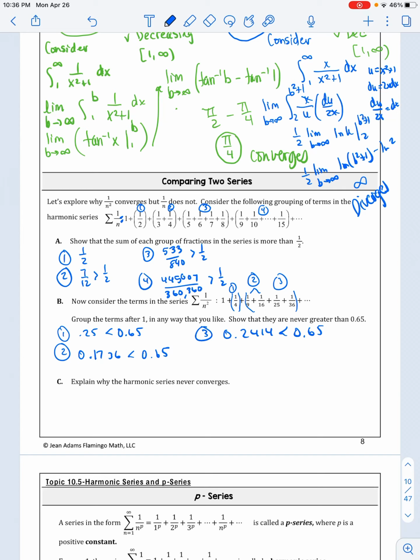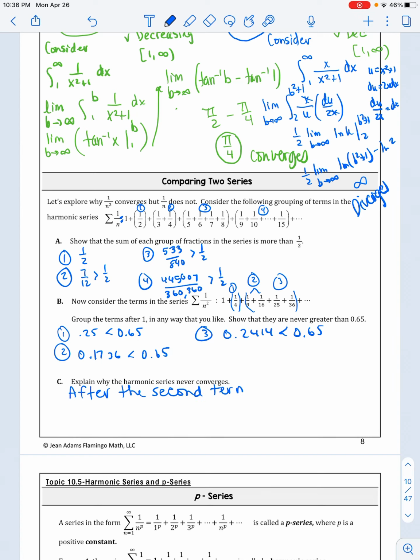But for the 1 over n squared, those values are staying very small. And they're going to get even smaller as you keep getting another n, because your denominator is getting larger, which means your number is getting smaller.